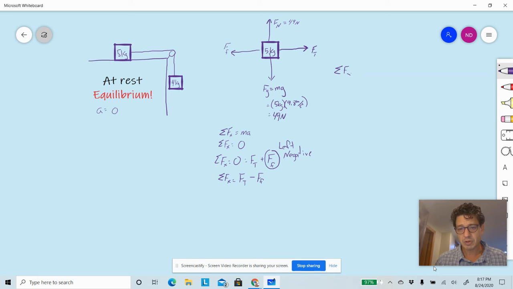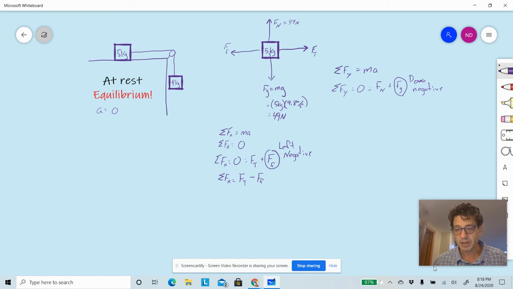Sum of the forces in the y direction equals ma. This box is not moving up or down, it's at rest. So the sum of the forces in the y direction equals 0. Well, what forces are in the y direction? The support force is up, and we also have gravity pulling down. Again, this is down, which means negative.